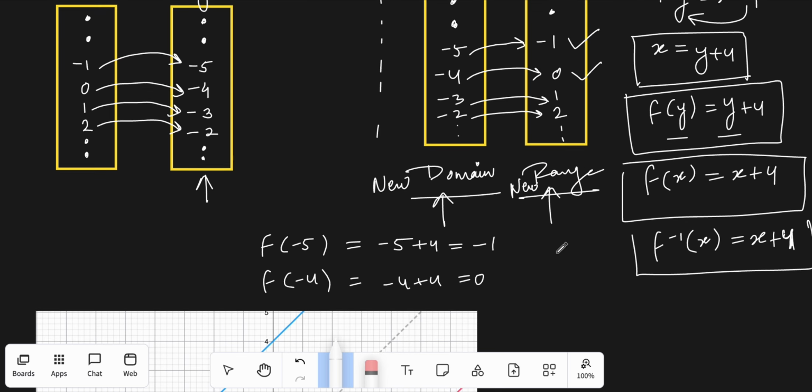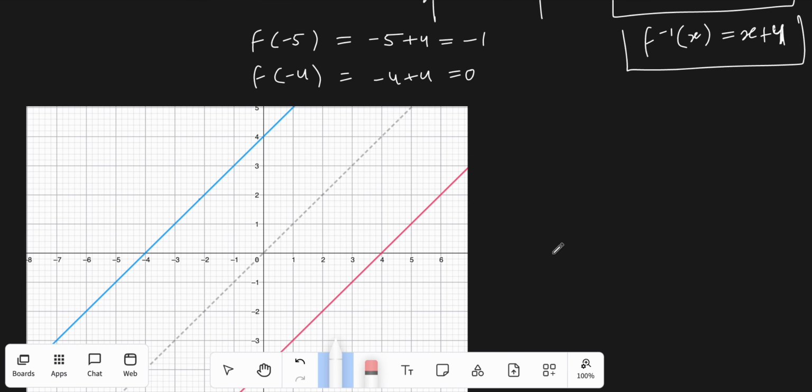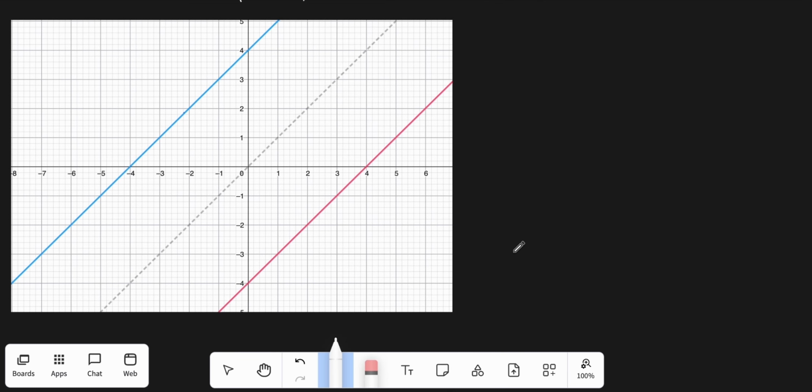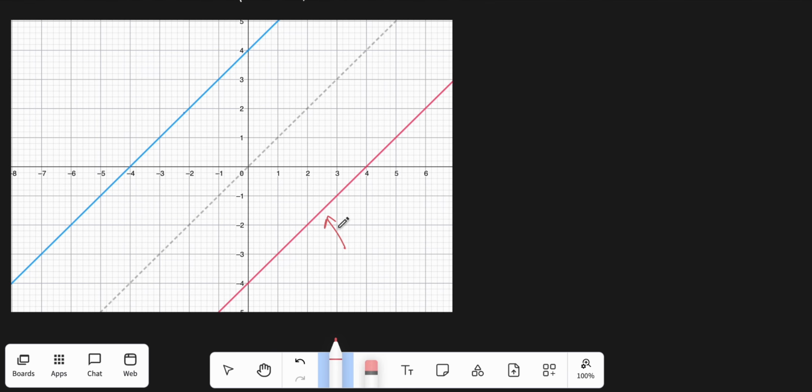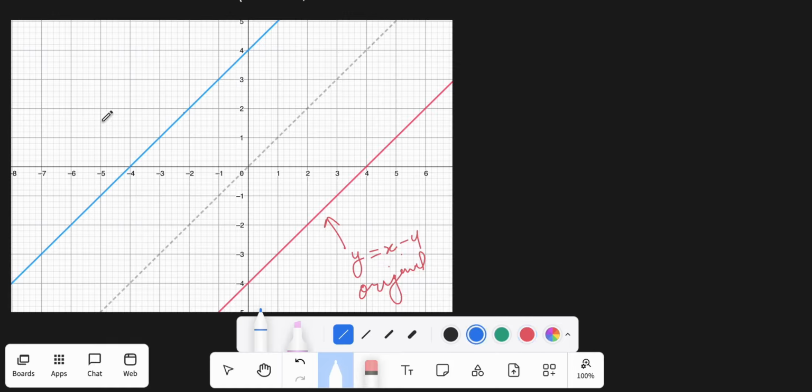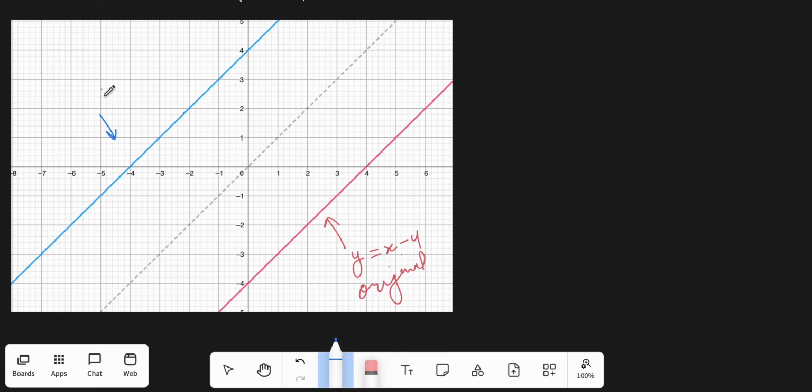Now let's try to understand it graphically. As you can see, this is y is equal to x minus 4, our original function. And this is y is equal to x plus 4, the inverse.